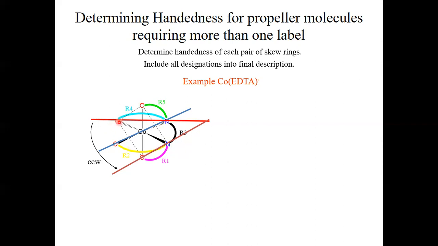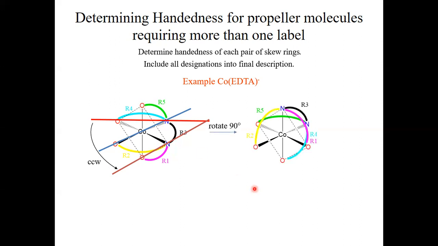So it will move this oxygen of ring R4 from this position into that position, and this oxygen of ring R1 from this position to that position, and it will rotate this nitrogen from this position into that position.